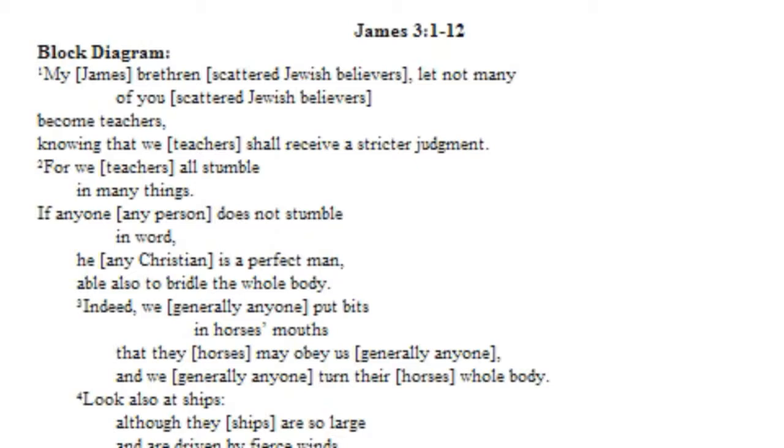Then he supports it with knowing, because the knowing is an ing ending, which means it's supporting the verb to become. So those two should have been indented further. That says the emphasis is on let not many of you become teachers. The reasons he's giving are knowing that there's a stricter judgment and knowing that we all stumble.